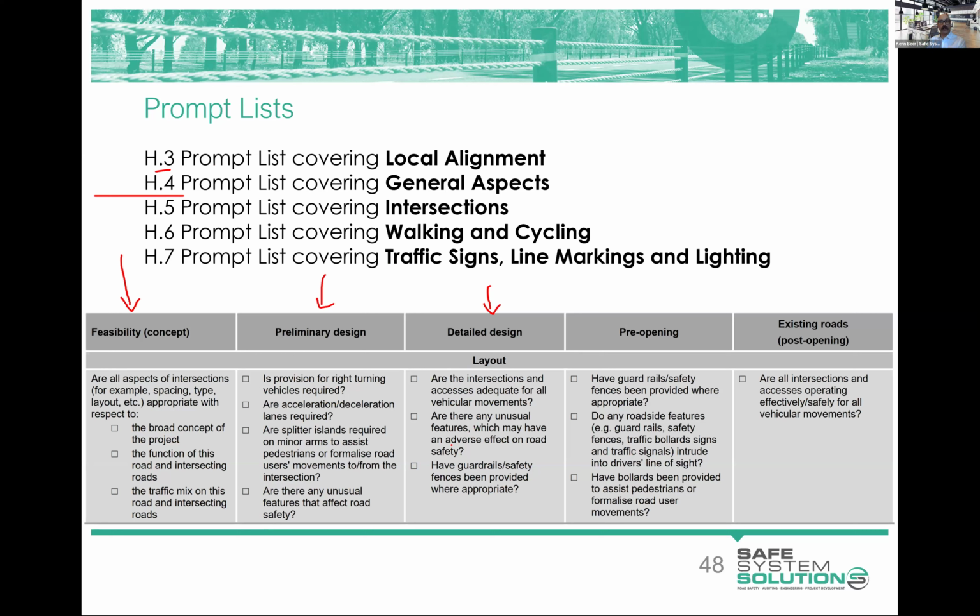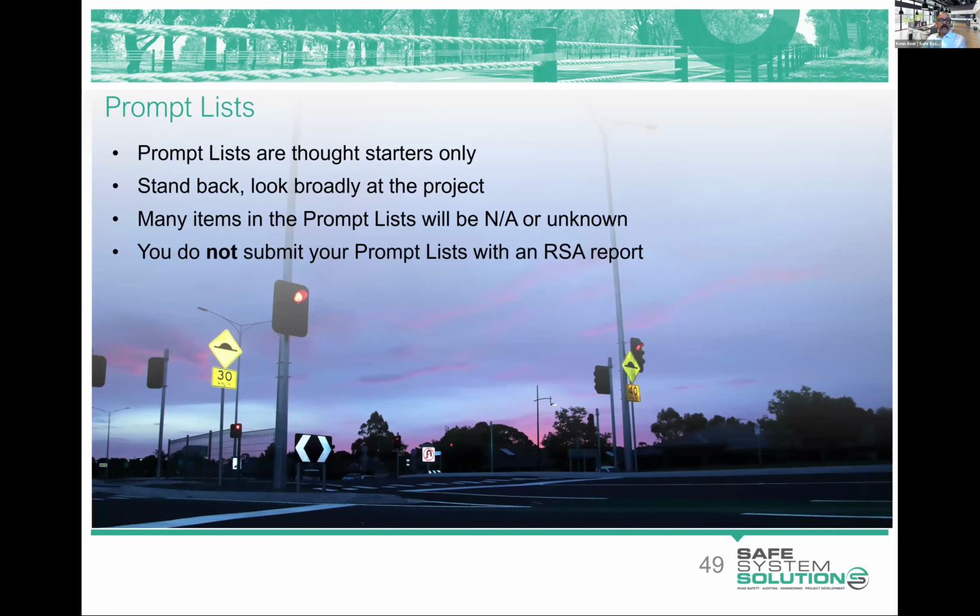You may need to follow these up. You may need to check with others, or for a lot of the time, say, well, that's not applicable at all for this project, because these are generic prompt lists. So I stress here, they are thought starters only, but they're really good as you start to develop your skills as a road safety auditor.